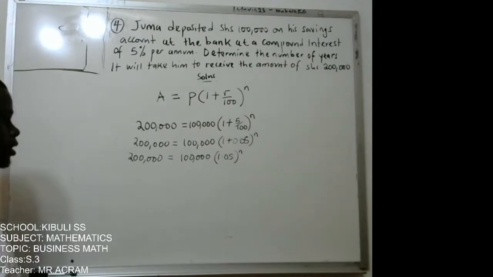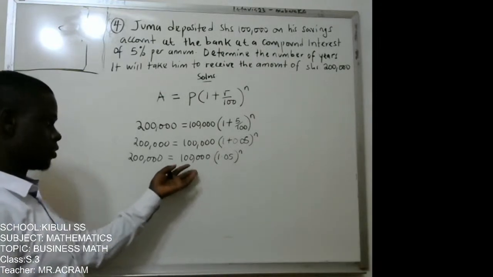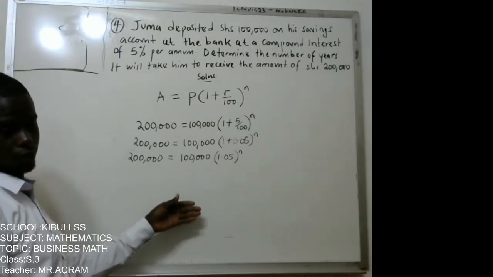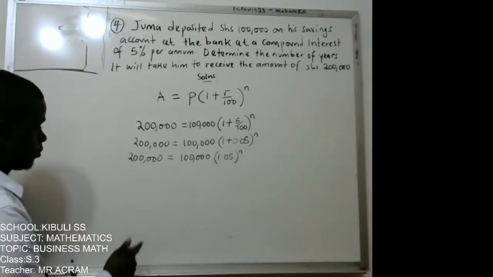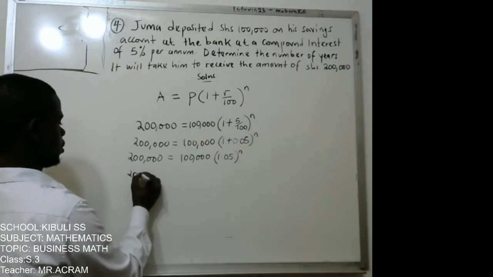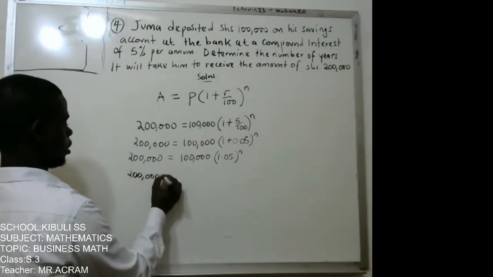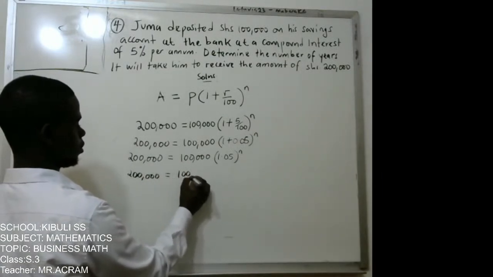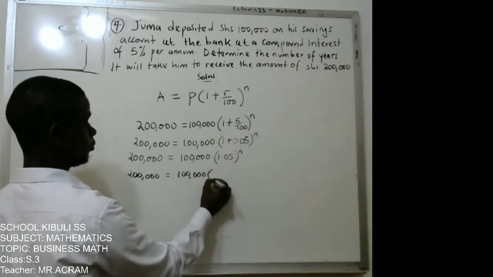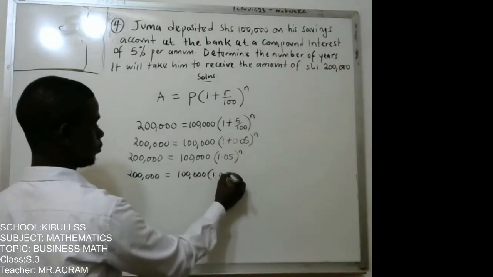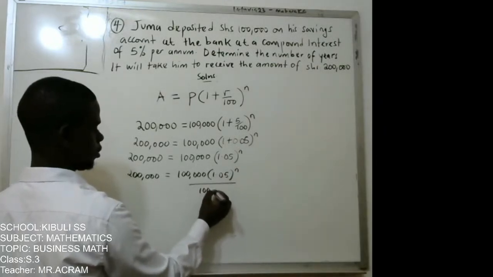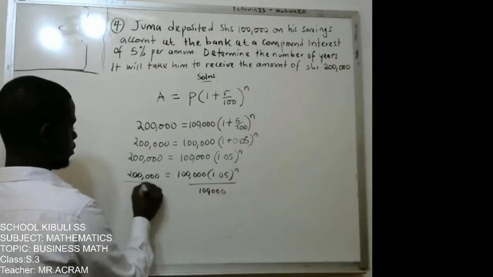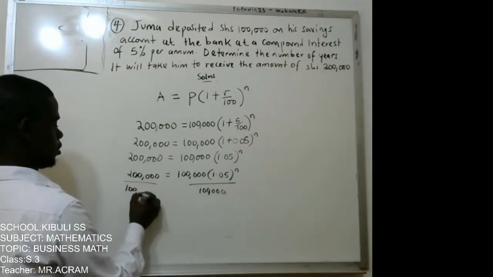So on continuing, what do we need? This is multiplication. Can I remove this 100,000 from this side? Because there is a multiplication sign in between them. So this is 200. How am I going to remove it? By dividing, of course.